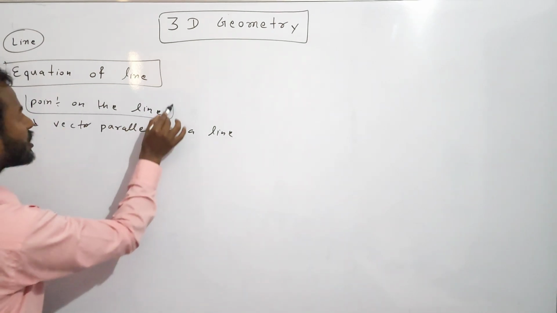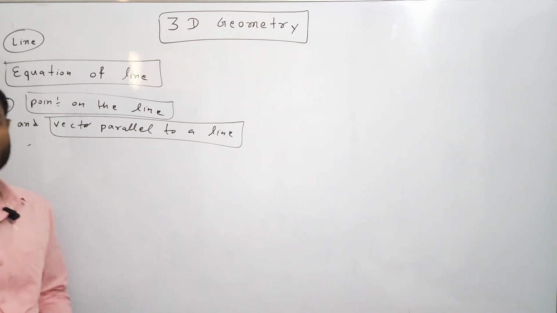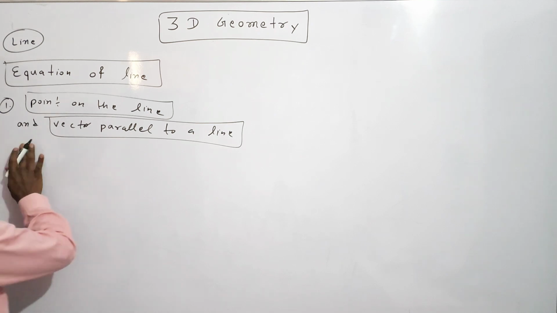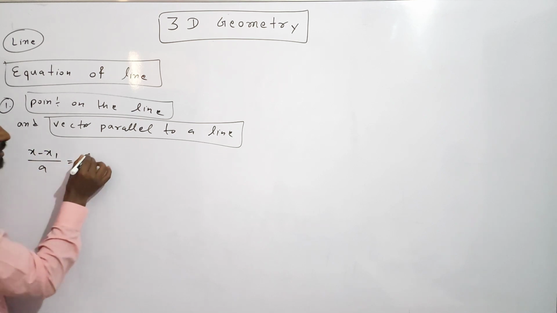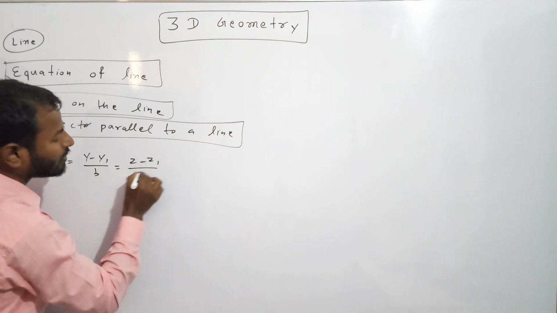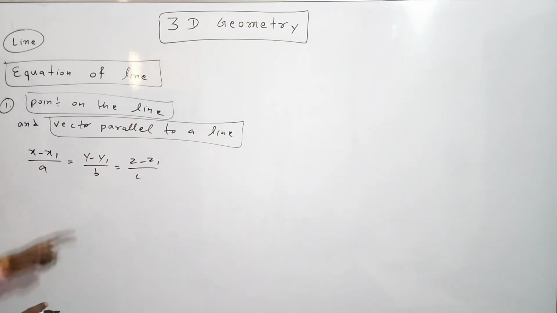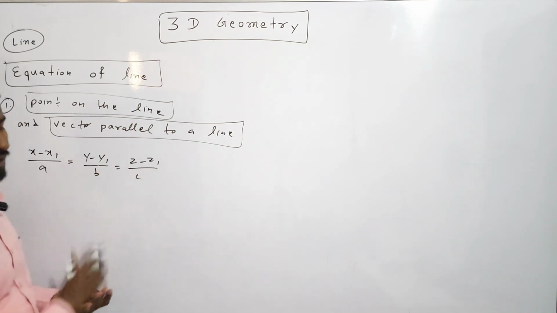When a point on the line and a vector parallel to a line is given, then how to find equation of line? In this form we use this formula: (x minus x1) by a, (y minus y1) by b, (z minus z1) by c. Here x1, y1, z1 is the given point and a i cap, b j cap, c k cap is the parallel vector to the line.